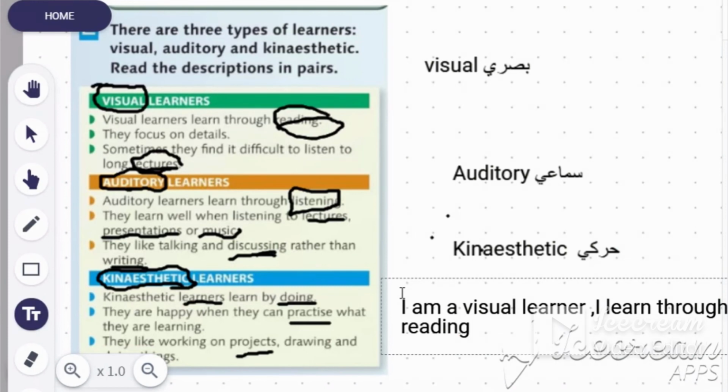Okay? And full stop. Look at this sentence. I wrote about me. I am a visual learner. I learn through reading.